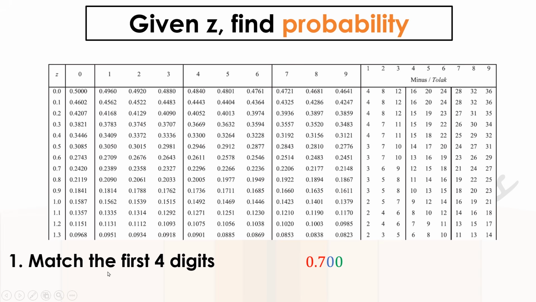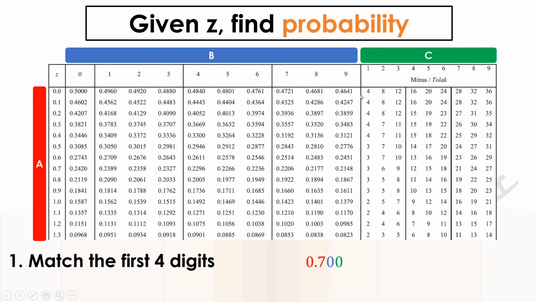So the first step is to match the digits of z onto this table here, right? So this table is split into 3 sections: section A, section B, and section C. So using the digits here, we are going to match it to A, B, and C here, right?